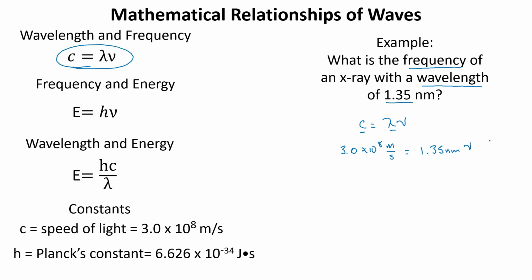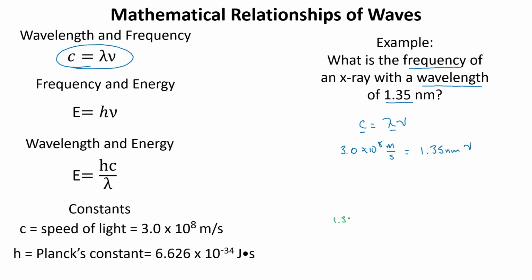Now, hopefully you have spotted our problem. Our speed of light is in meters per second, but our wavelength was given in nanometers. These units are going to need to match so that they cancel out. You can either change the speed of light to nanometers per second, or you can change your wavelength to meters. I'm going to change my wavelength to meters. So I'm going to do a quick side calculation here.